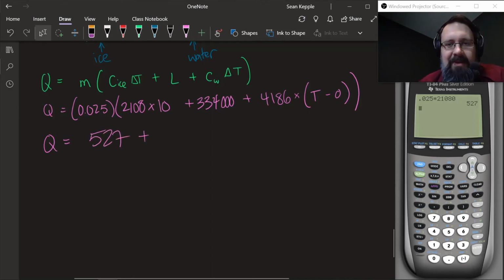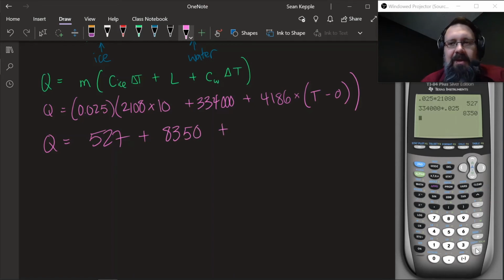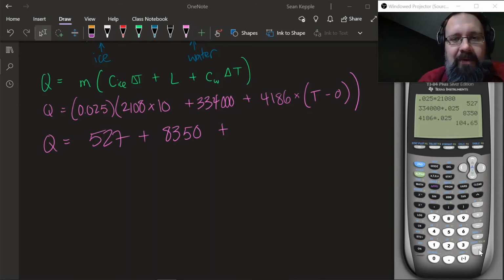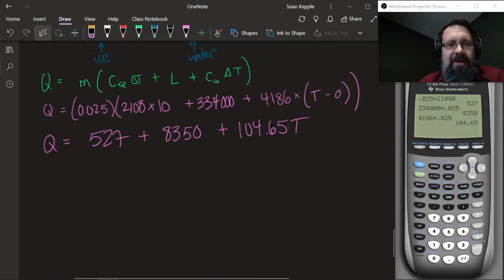Plus, okay, now I'm going to take the 33000 times 0.025, 8350, plus, and then we're going to have 4186 times 0.025, and it's 104.65 T. Okay, we can simplify this a little bit further by just adding these two together.